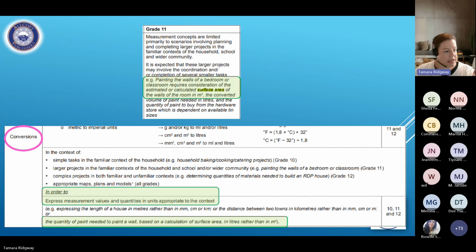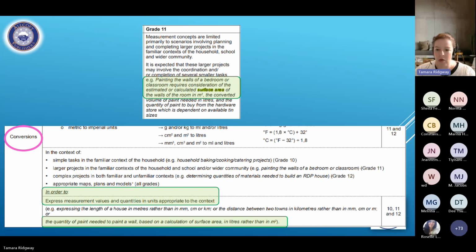The first time we see it is right in the beginning of CAPS with grade 11, and it is by way of an example that talks about the surface area of walls and then working it out, and you will see then converting. So first context, painting. We then also see it under conversions.